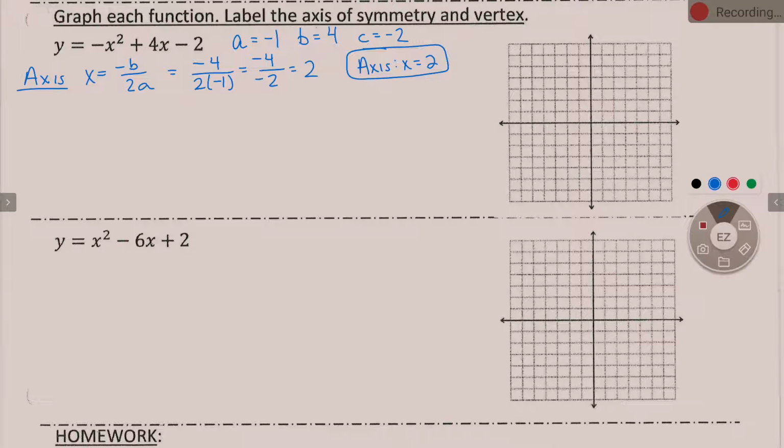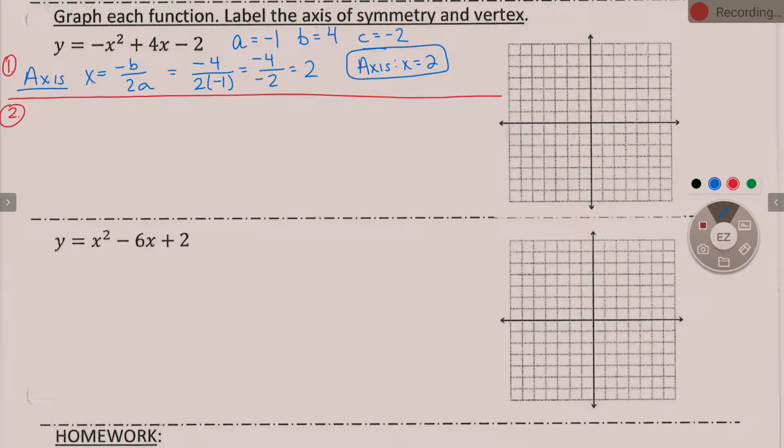And if you will, I'm going to call that step 1 in order to graph these. Okay, that's going to be step 1. Step 2, once you find the axis of symmetry, we can find the vertex.